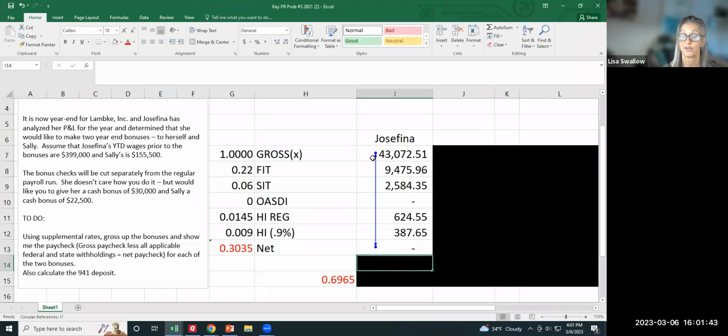Oh, if you ever get this in your formulas, that means you've done a circular reference, which means I included I-12 in the formula. Okay, so I'm not quite sure how to solve this. Hold on. There we go.